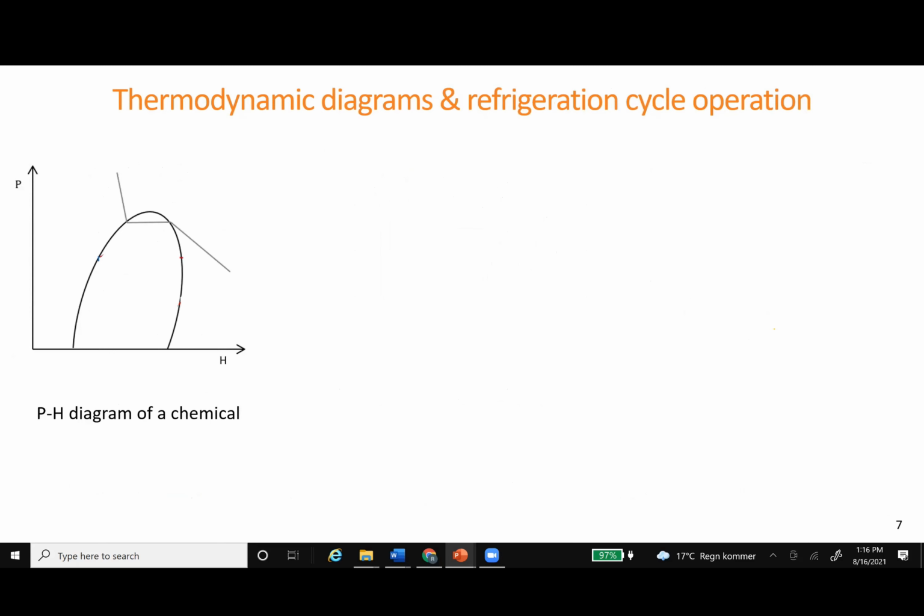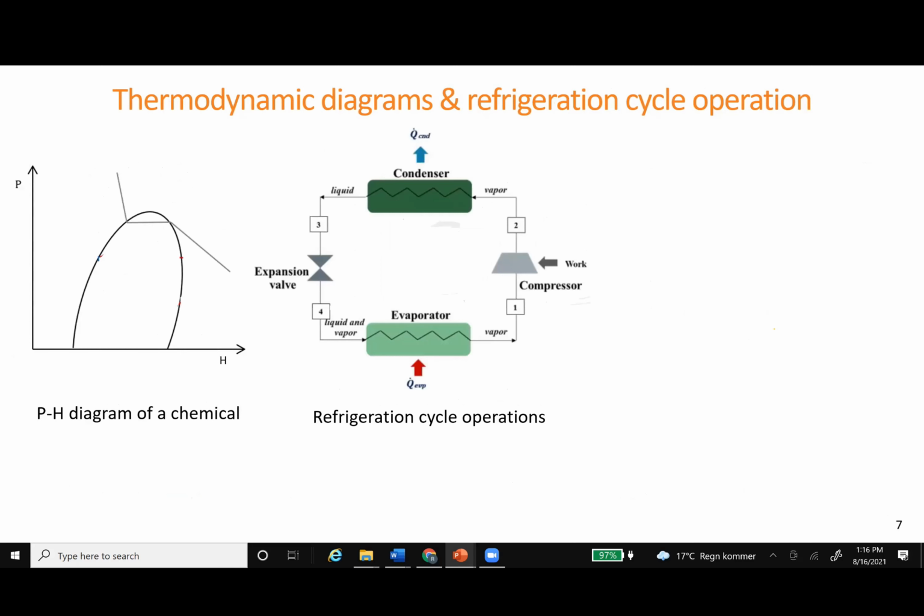So how is the thermodynamic diagram related to the refrigerant operations? I have put a simplified version of the pH diagram. And let's see what is the connection with the refrigeration cycle. What you see is a one-cycle operation. If we start from point 3, we are at high pressure. We expand to come to low pressure. Then we pass it through the evaporator, and it takes heat from outside and gets evaporated, becomes vapor.